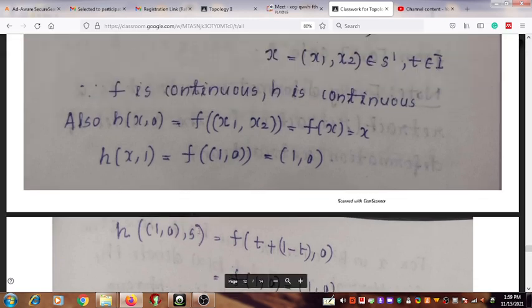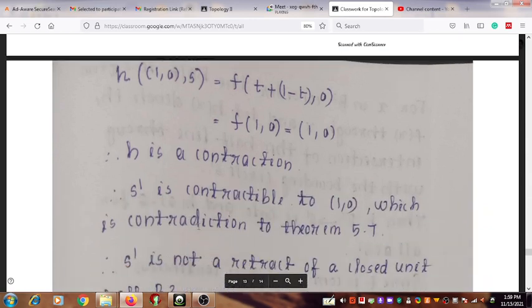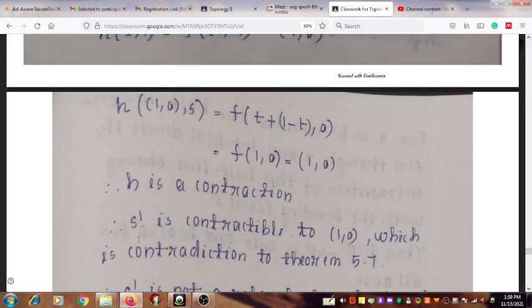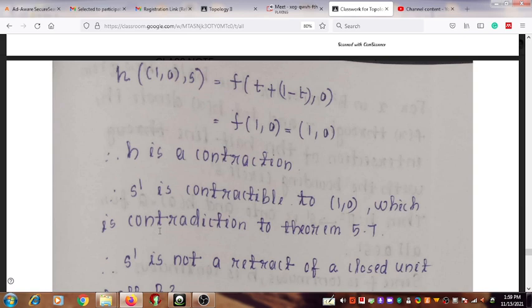Thus H is a contraction, and this means that S1 is contractible to the point (1,0). So it contradicts Theorem 5.7.